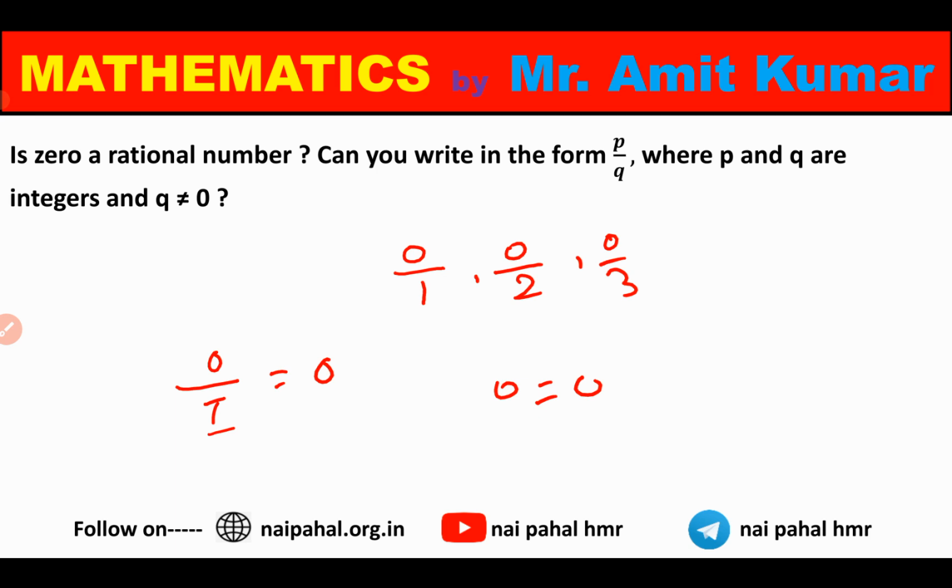So these are the examples, where p and q are integers and q is not equal to 0. But keep in mind that we cannot write the denominator as a negative integer. So you have to notice that we cannot write the denominator as a negative integer.